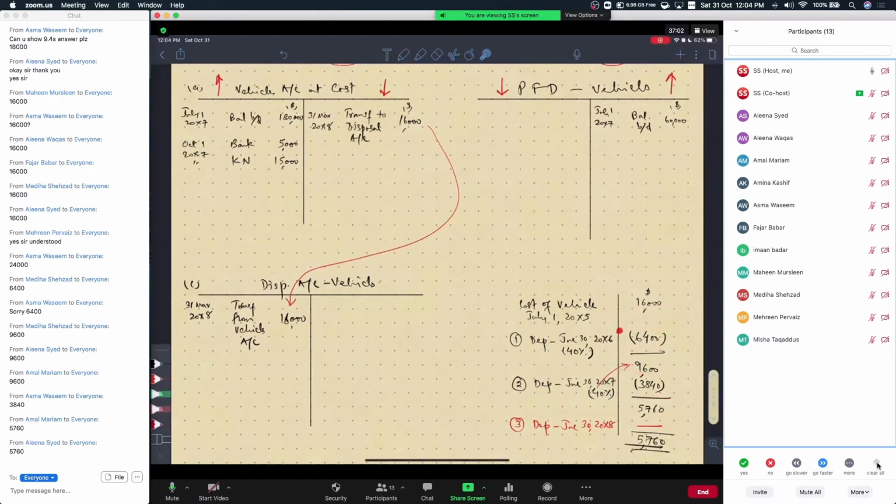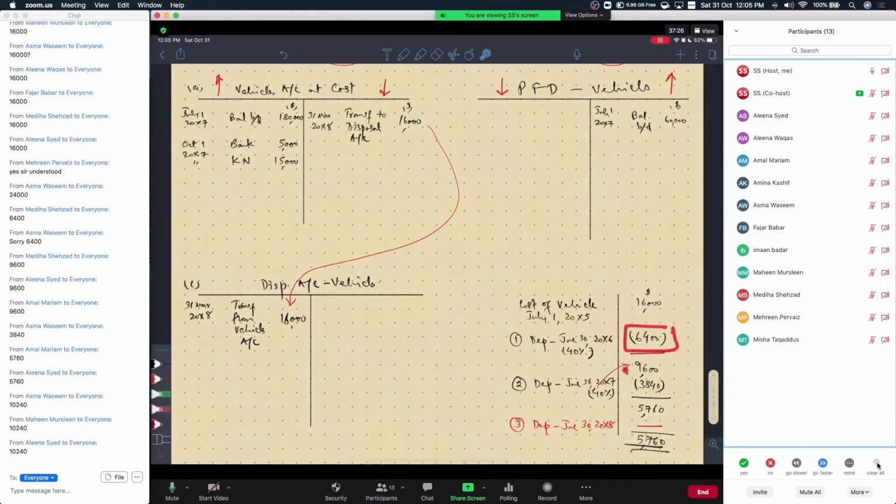So what is the total accumulated depreciation for this disposed of van? Anyone? The total accumulated depreciation on this particular van only is going to be the sum of all these depreciations here. 10,240, Alina, thank you. 10,240, Maheen, Asma, thank you.